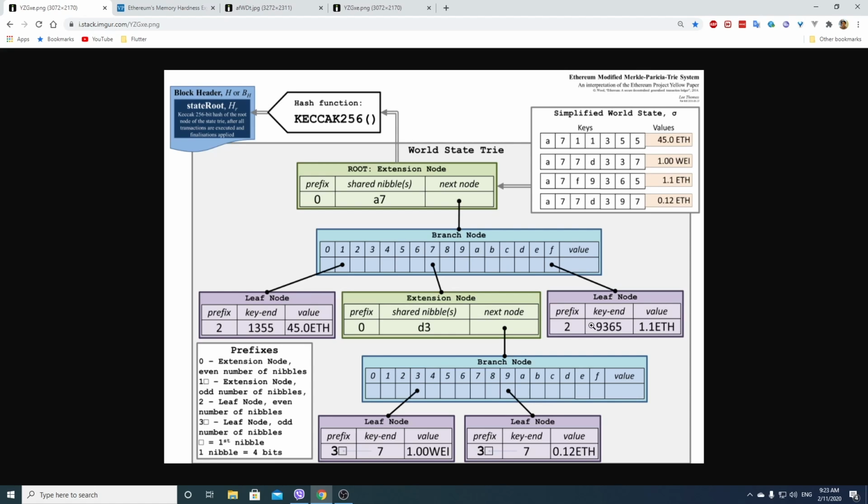But in the case of a Patricia tree, we want to store prefixes. The reason why we want to do that is that these are hashes, so they will be distributed very randomly, and very quickly you will get to a point where everything will be a single option.